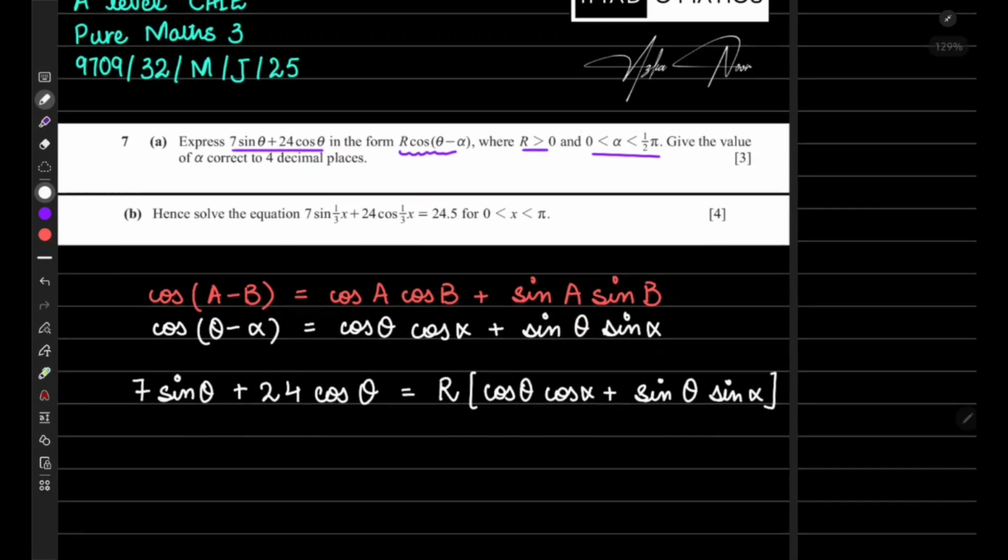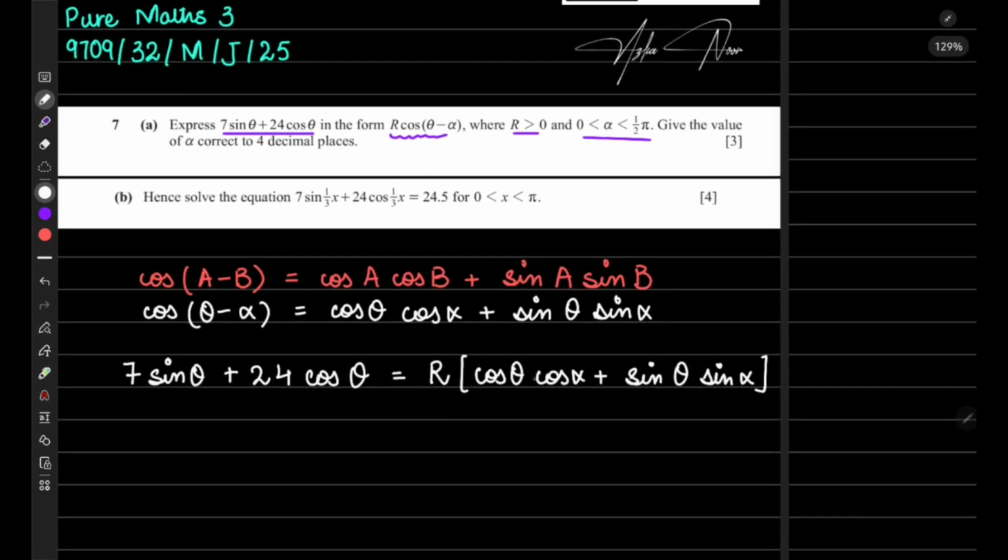Now what we do normally is first expand this, multiply r with both of them, and we need to compare the sin theta term and cos theta term. So I am also writing this equation in the same format.